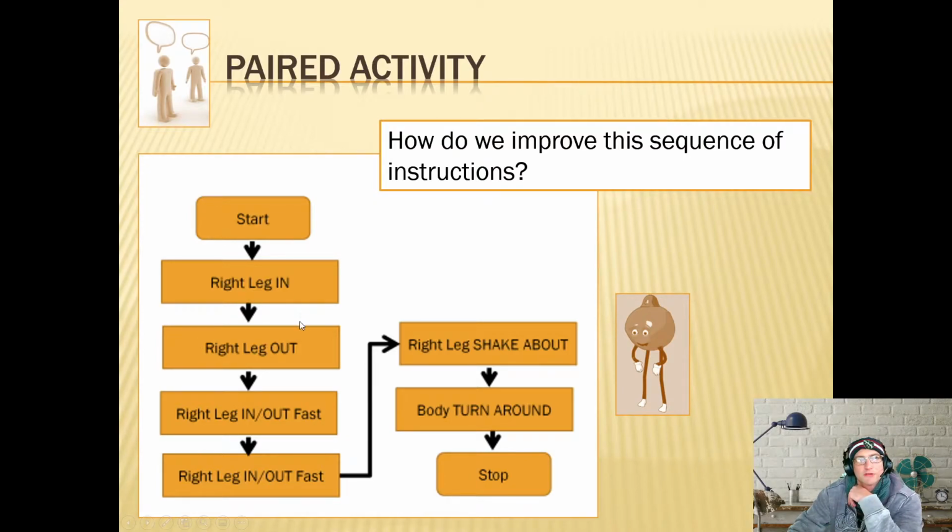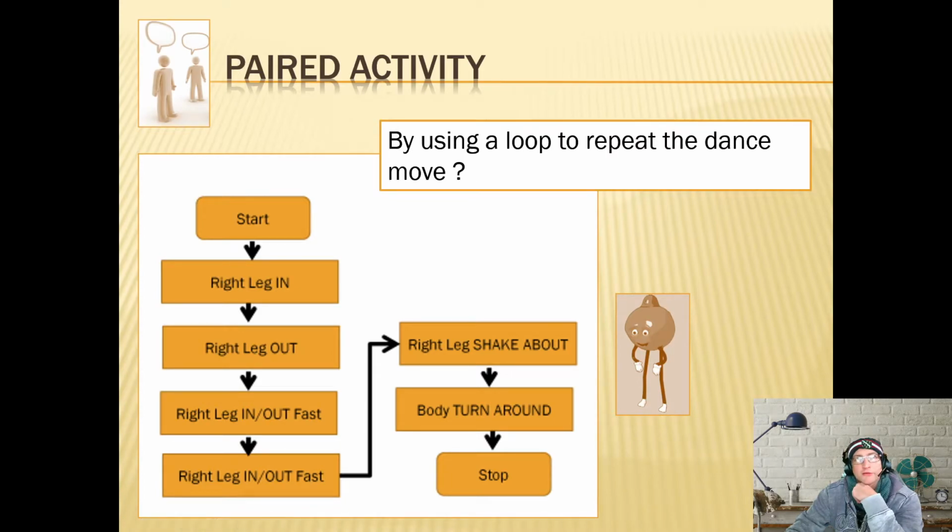Well, at the moment, it doesn't say how fast. Like last lesson, we found that following instructions is quite difficult. So this is all very vague about what we're going to be doing. Also, could we use a loop to improve it so that it does the next verse?